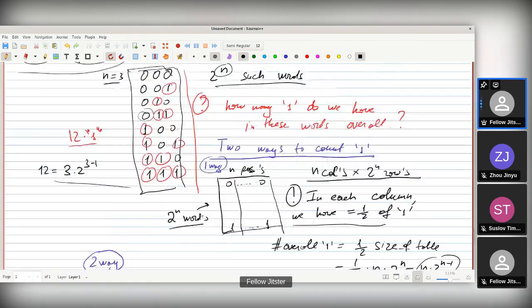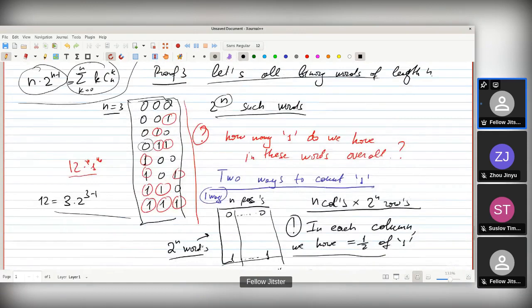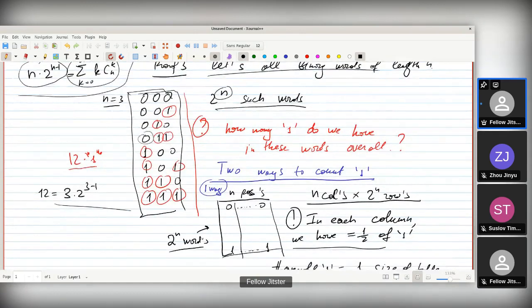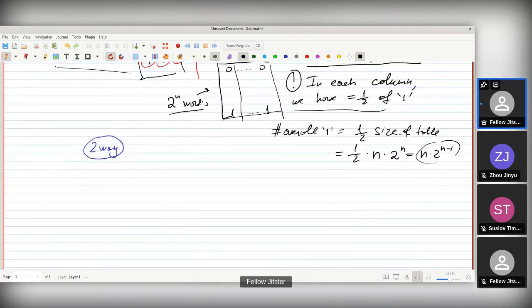Let us count separately the number of unities in words that contain exactly k unities. So we have two questions. How many words contain exactly k unities? It is the crucial question here.